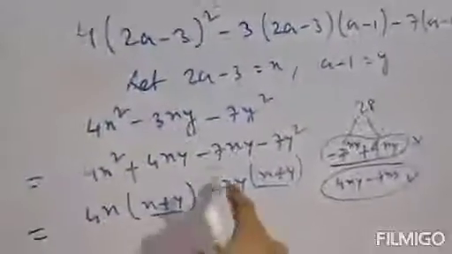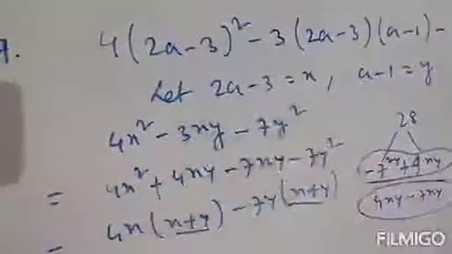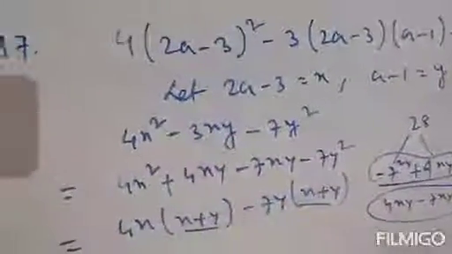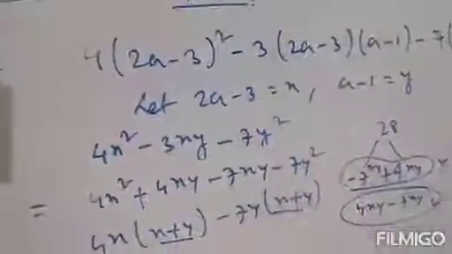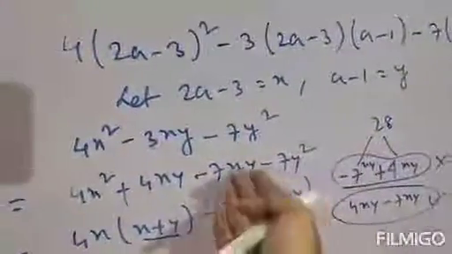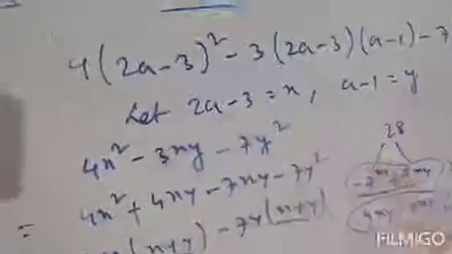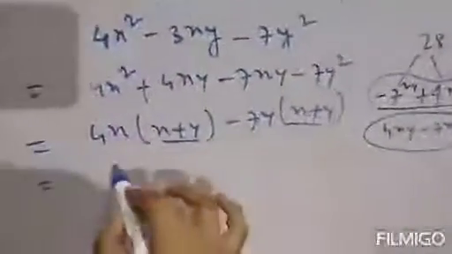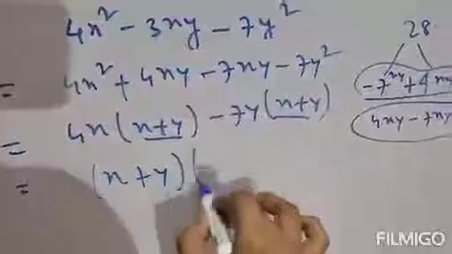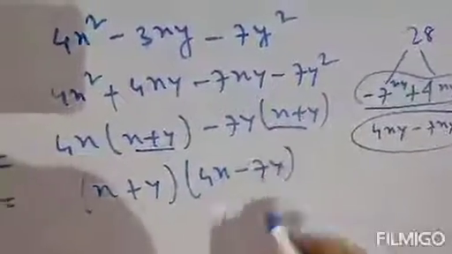If you place -7xy first, then plus 4xy, you cannot take out the common part, the two parts will be different. Just do this in your rough space and you will see the difference. Clear? So take out common x + y, and this is 4x - 7y.